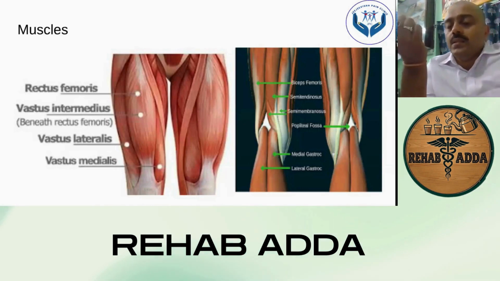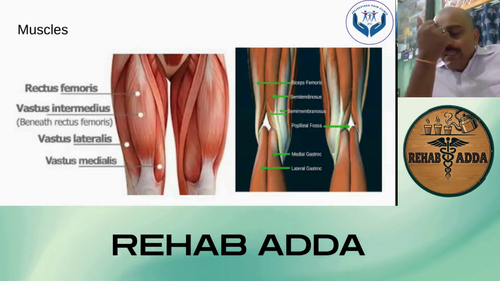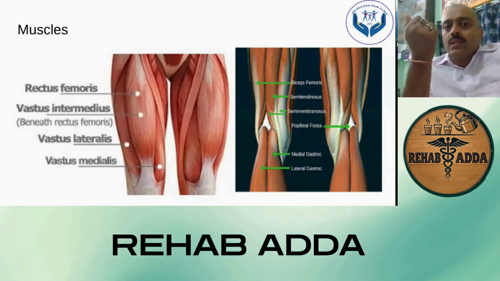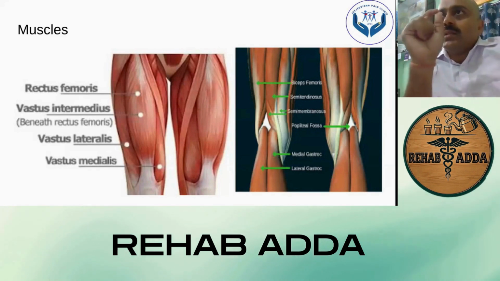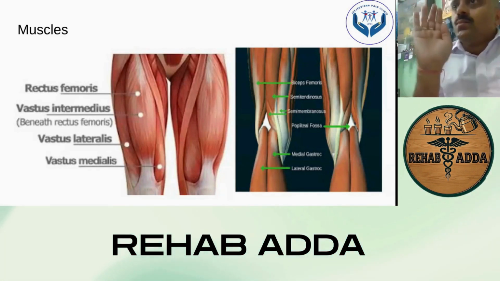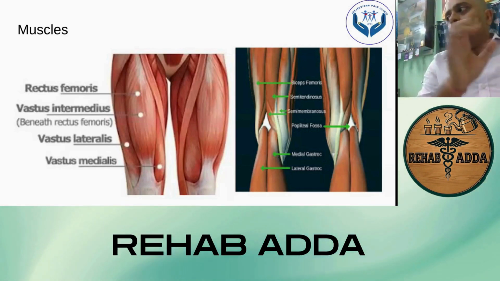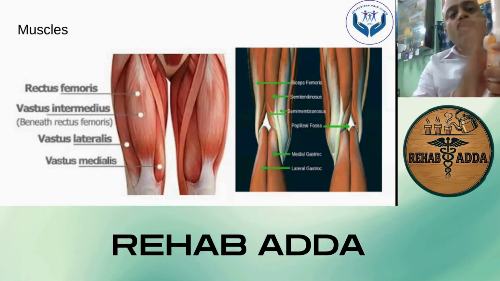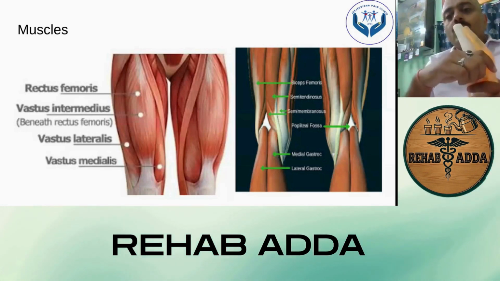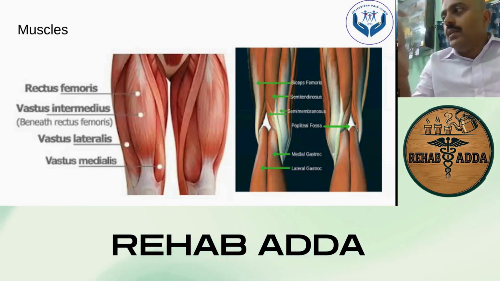Cruciate ligaments, the anterior cruciate ligament and the posterior cruciate ligament. Cruciate ligament injury is common. Remember the anterior cruciate, on the anterior side of the tibia. If someone hits a person from the back or posterior side, there is always a chance of hyperextension that can lead to injury.